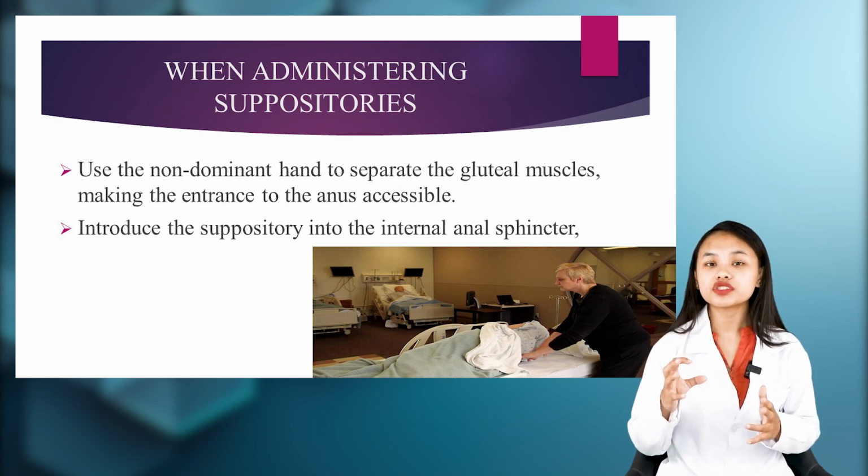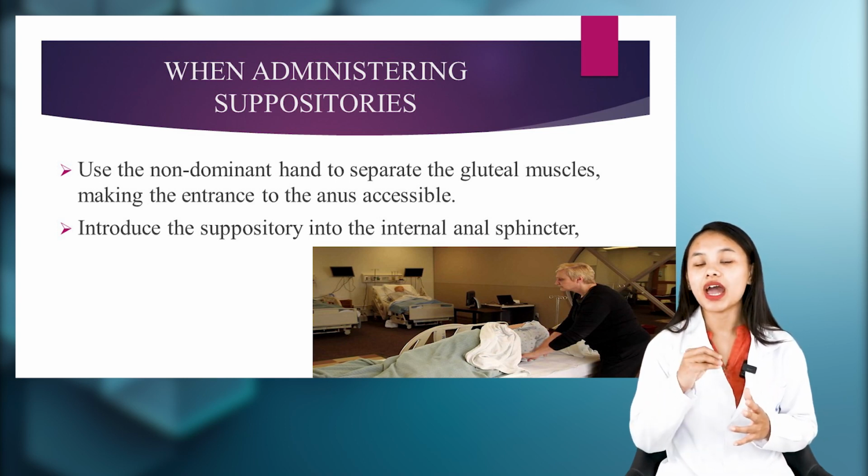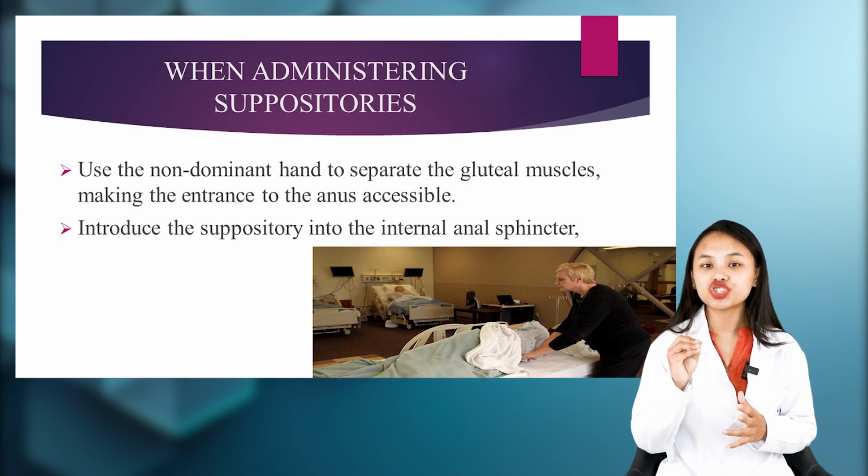Here, if the suppository is being administered to a child, then it can be inserted up to 5 centimeters deep, whereas for an adult, it will be up to 10 centimeters.